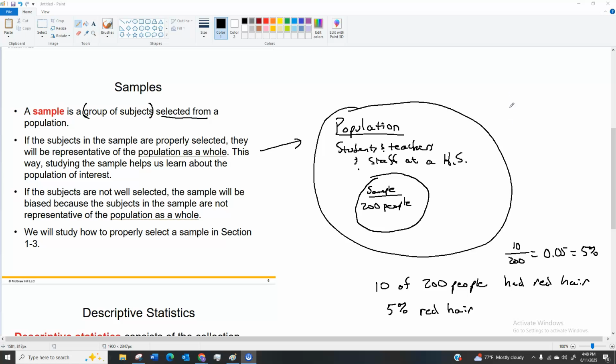And so let's say that the high school has, with the teachers and the students and the faculty and everyone, let's say that there's 3,000 students at the school, or 3,000 people at the school. Then you would say, okay, well, 3,000 times 5%, that would be 150 people.